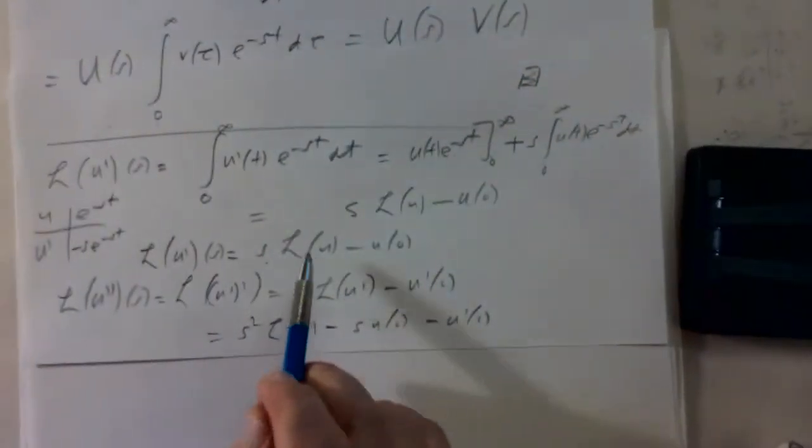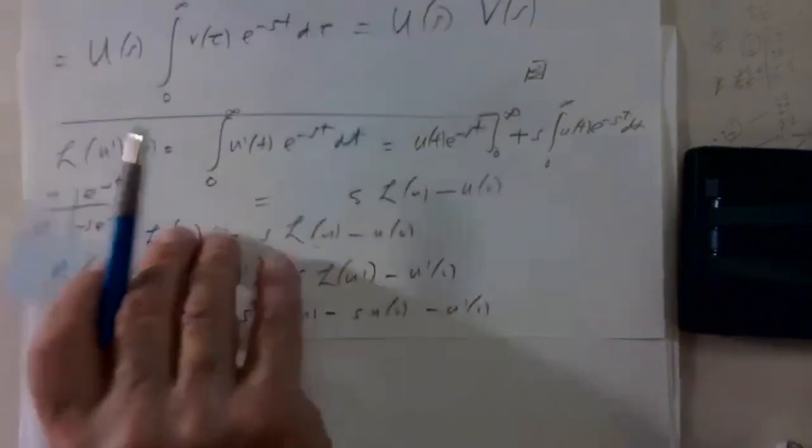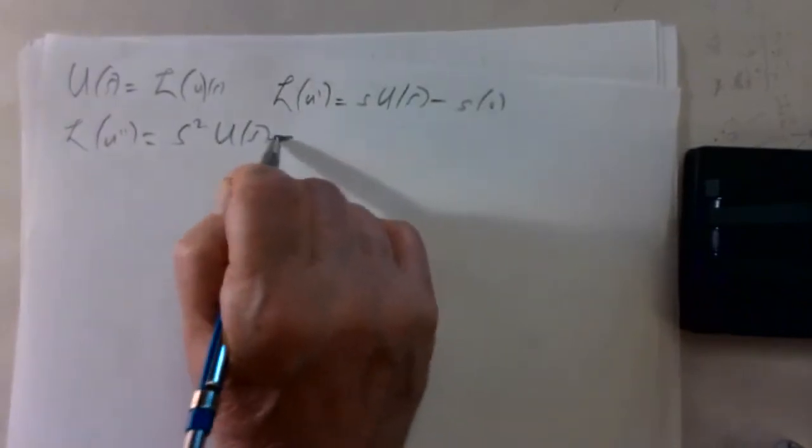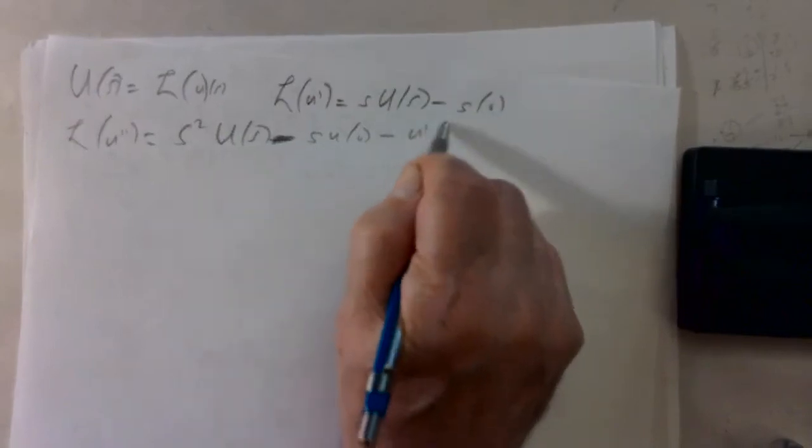Capital U is just the alternate notation for the Laplace transform. And L of u double prime is s squared U of s minus s times u at 0 minus u prime of 0.